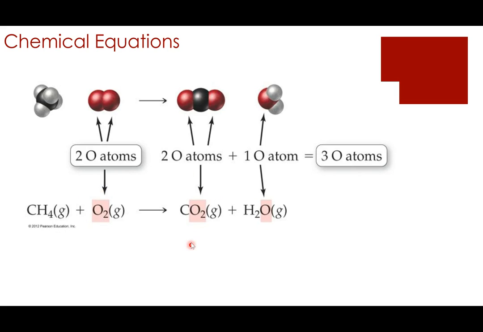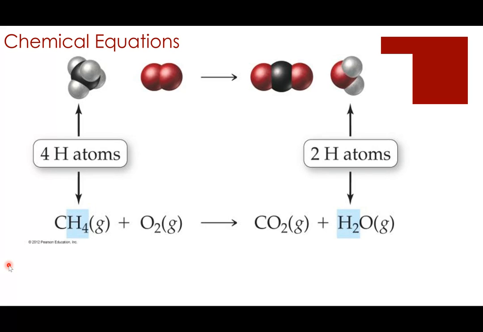And when I get over to the product side, the way that the reaction is written right now, we end with 3 atoms of oxygen. Well, that just can't happen. So when we undergo these chemical reactions, it's not that we just make new atoms. All we're doing is really just simply rearranging atoms. So we have to have the same number of oxygen atoms on the reactant side as we do on the product side. So that's one reason I know this is not a balanced chemical reaction. This is not how it happens.